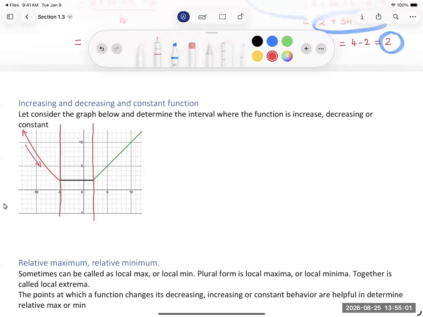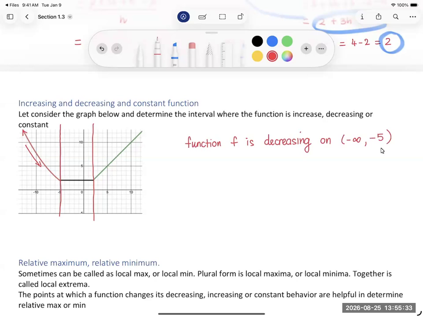So we will say the function f is decreasing on where? The function is decreasing because it's dropping down from a very high number to a low number. Between what interval? Between negative infinity and negative 5. So on negative infinity to negative 5, and we close.